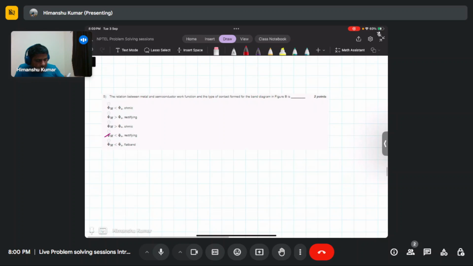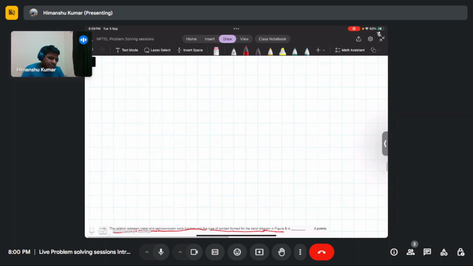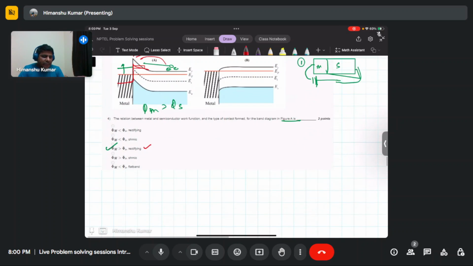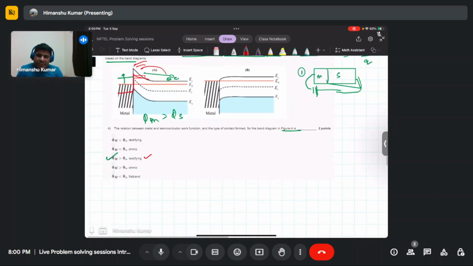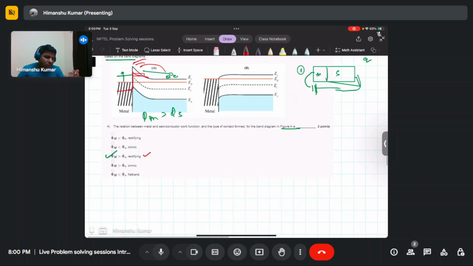In the same problem, for the relation between metal and semiconductor work function in the contact formed in figure B, this is basically the reverse case. If your semiconductor work function is larger, your Fermi level will move up, and the electron won't see any barrier.